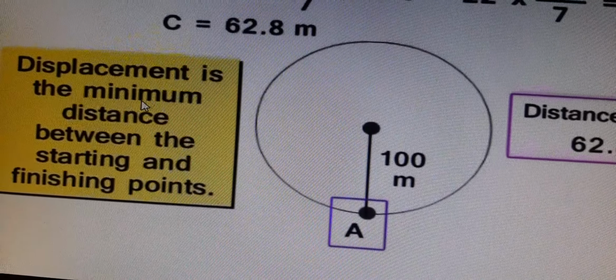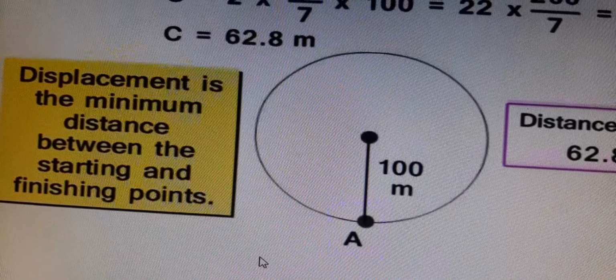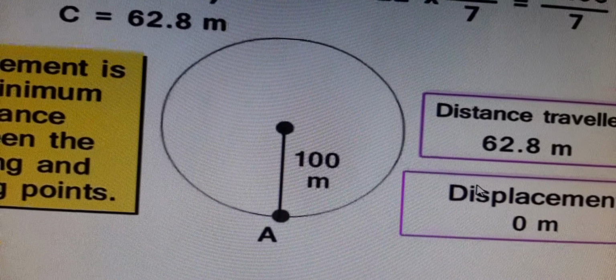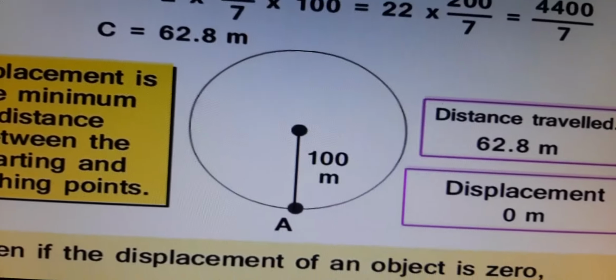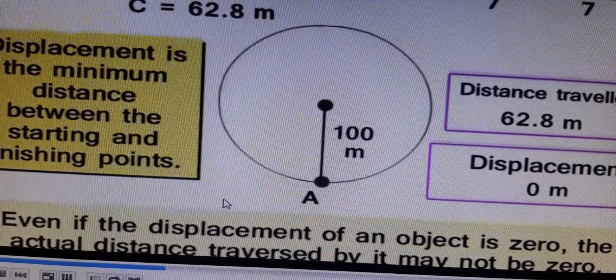Therefore displacement, the minimum distance between the starting and finishing point, is 0, but her distance is 628 meters. That means we see that in many cases, if the displacement of an object is 0, then the actual distance travelled may not be 0.